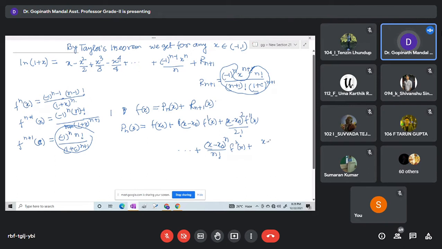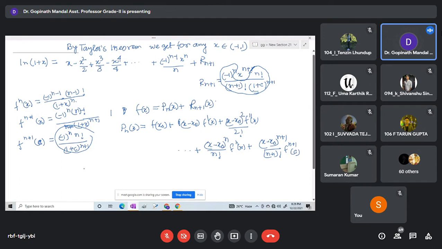The remainder term will be x minus x0 to the power n plus 1 by factorial n plus 1 f n plus 1 c, right? Okay, yes, sir, you got it.